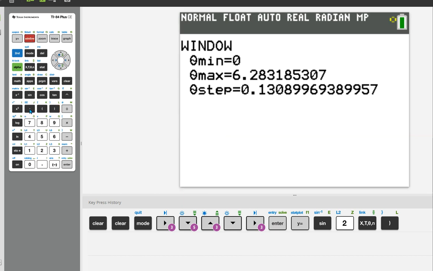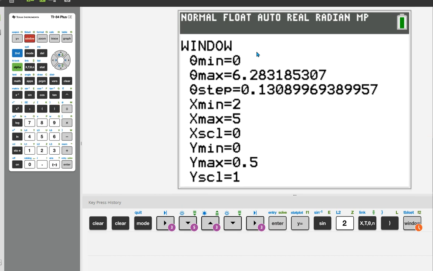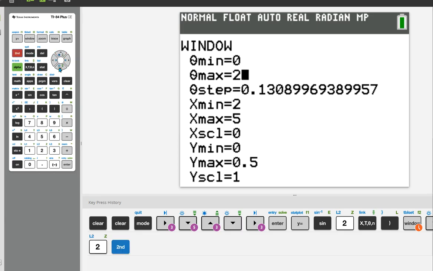And also we're going to go to the window and point some things out here. So your minimum theta is going to be 0. We're going to put in 2 pi, which I already have in. So hit 2 and then pi, so that our angles are going to progress just from 0 to 2 pi. Now, I'm not sure if you graphed in parametrics before.